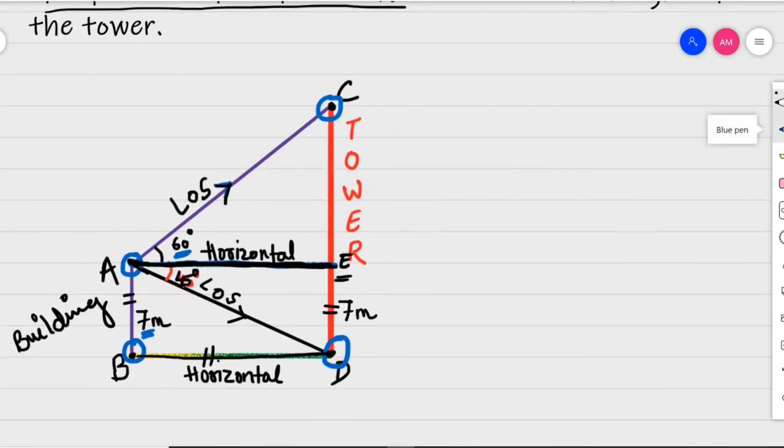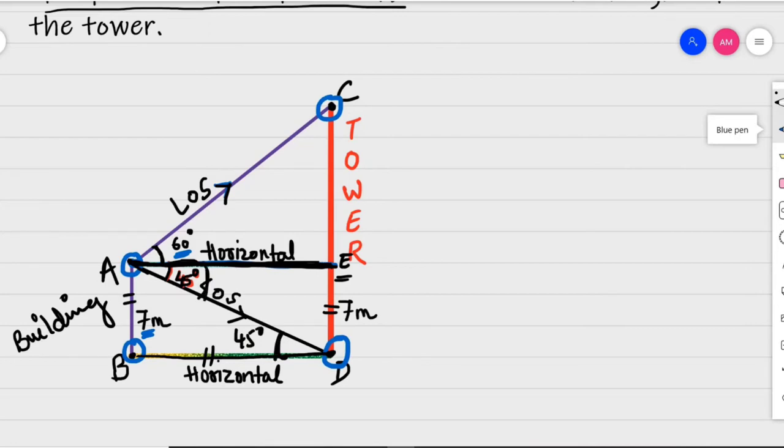Children, see, here you have 60 degree, and here you are getting 45 degree. Now look here, AE and BD are parallel to one another, isn't it? Once this is making 45 degrees, that means this is also making 45 degrees, as both of these are alternate angles.